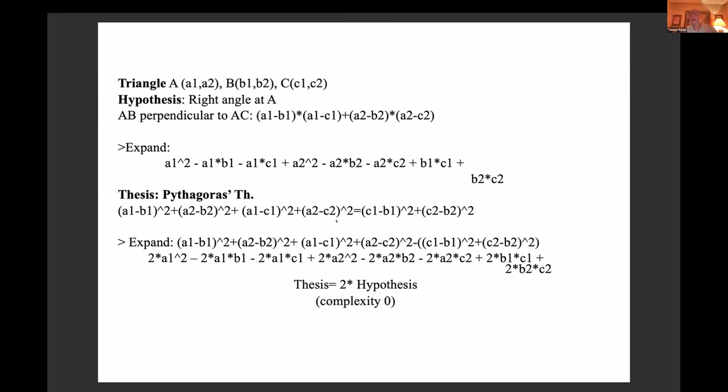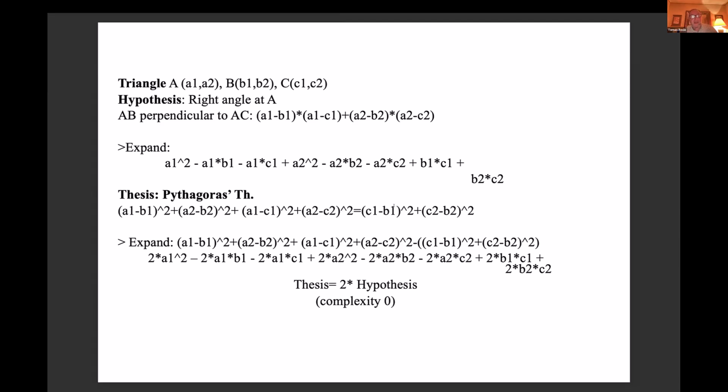For instance, let me take Pythagoras' theorem. I take a triangle ABC and assume that the right angle is at A, so this is the equation equal to 0. That means that AB is perpendicular to AC. And the thesis is that AB squared plus AC squared is equal to CB squared.